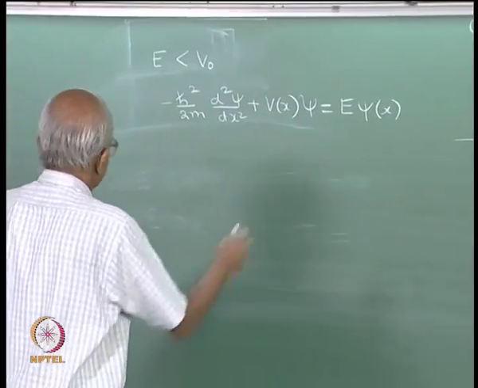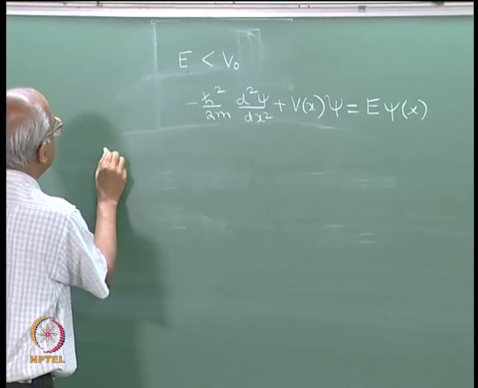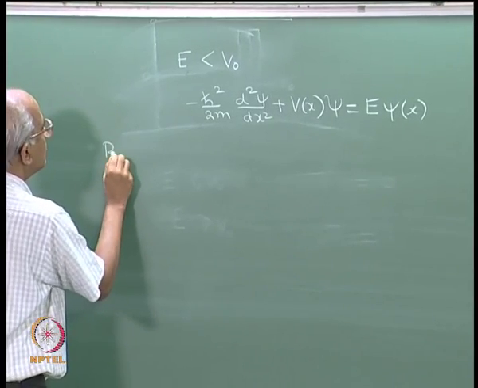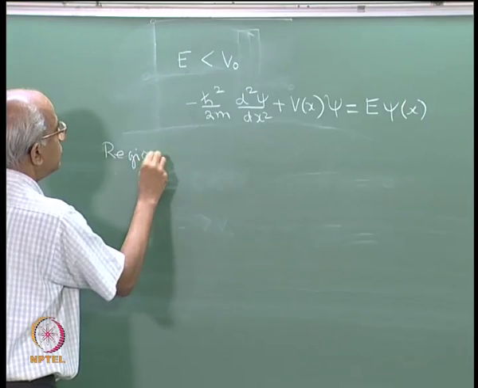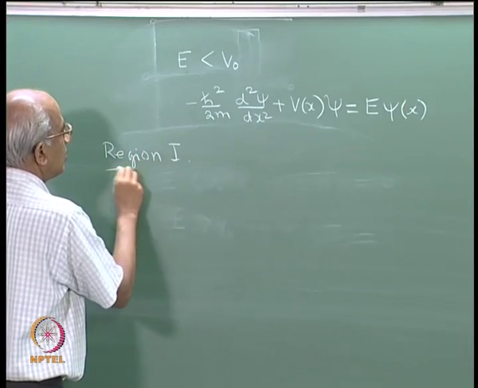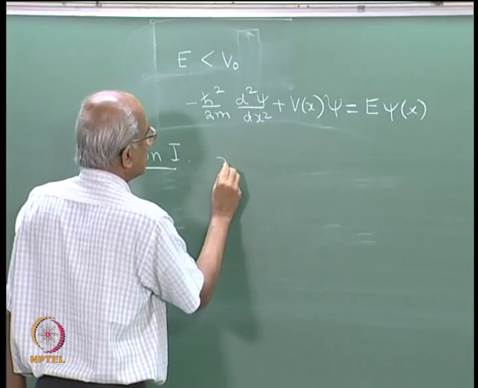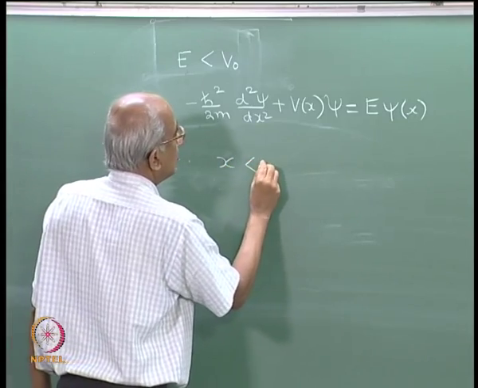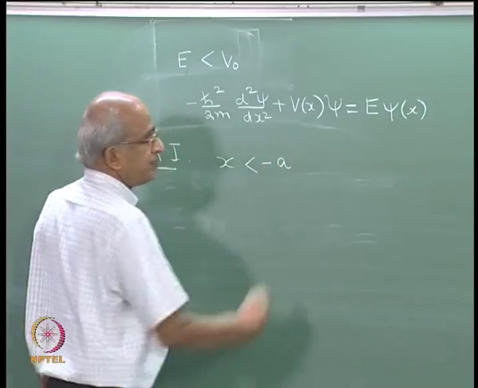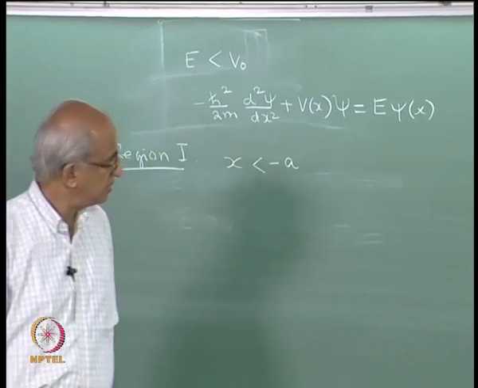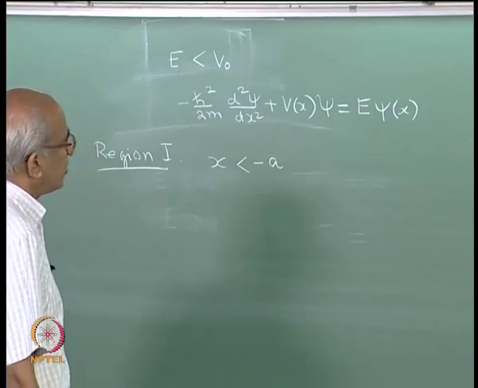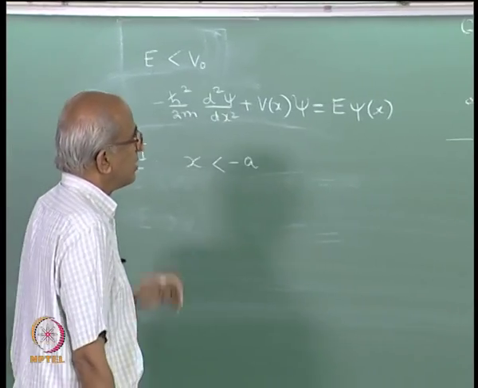So, let us first think of region 1. Region 1 is the region which is to the left of the barrier, that means x is less than minus a by definition. And in that region, what will you say is the potential energy of the particle?